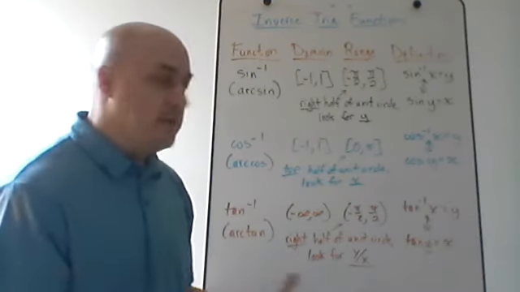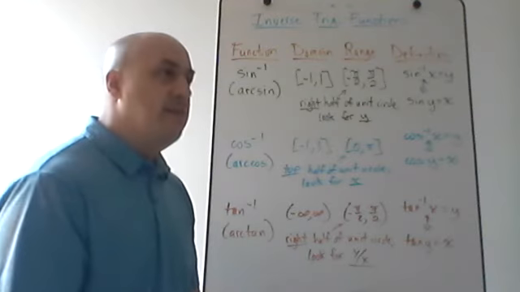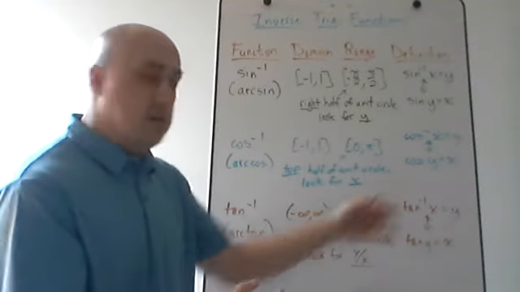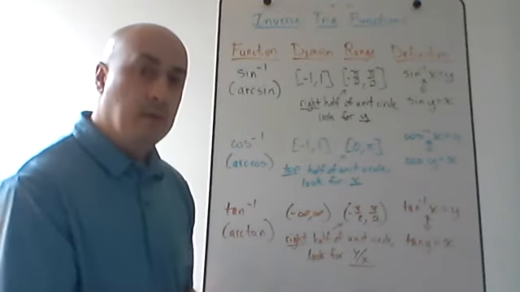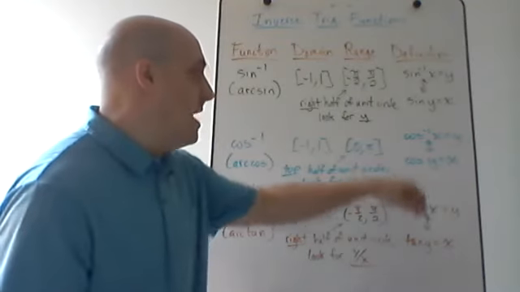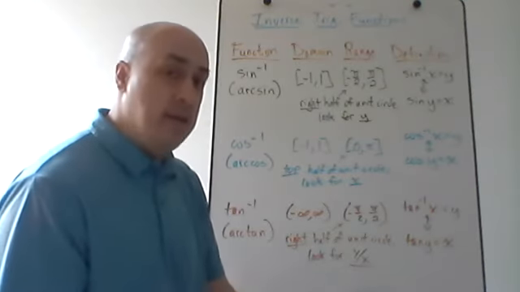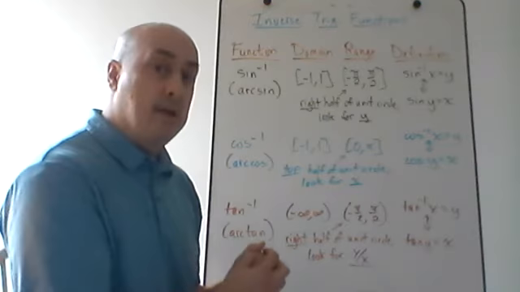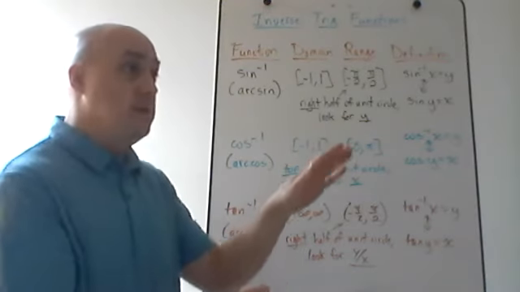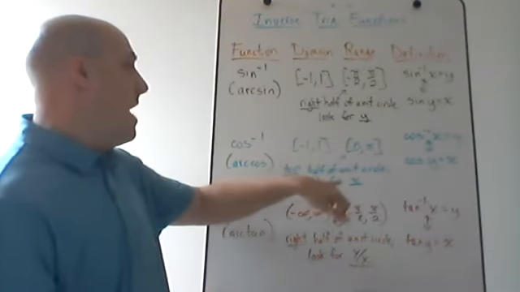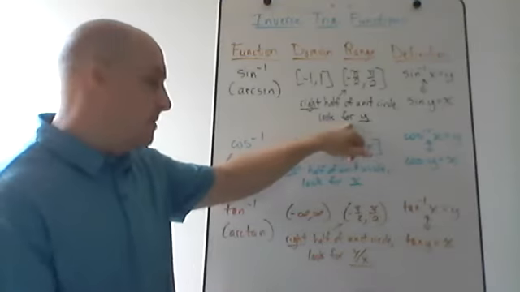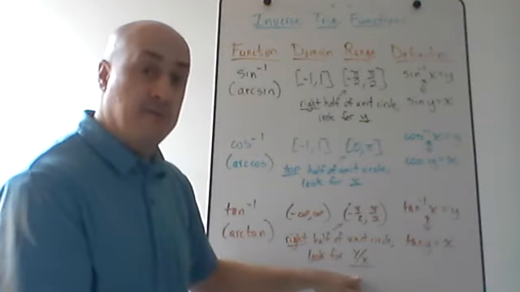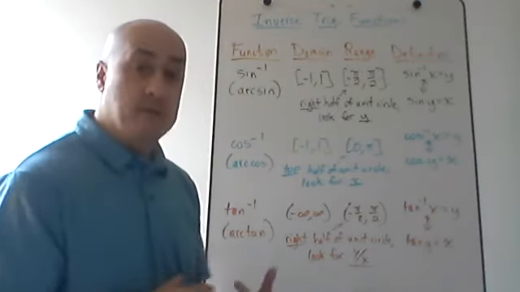So once again, for the inverse functions, they're giving me the output value of the original function. I'm looking for the angle. Normally when I'm doing the tangent, the cosine, or the sine functions, they're giving me the angle, and I have to find the terminal point on the unit circle and give either the x coordinate for cosine, the y coordinate for sine, or the y over the x for tangent. For the inverse functions, it's backwards.